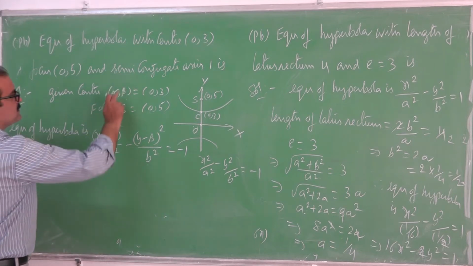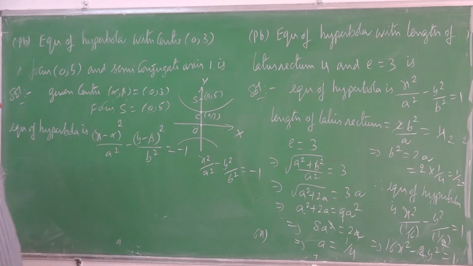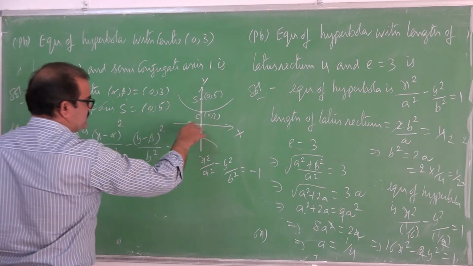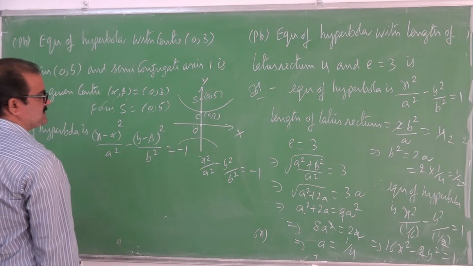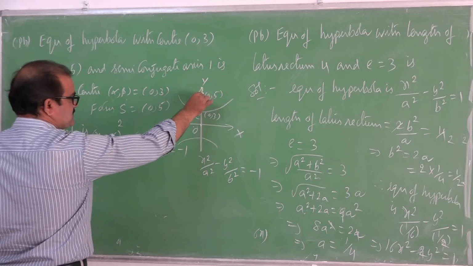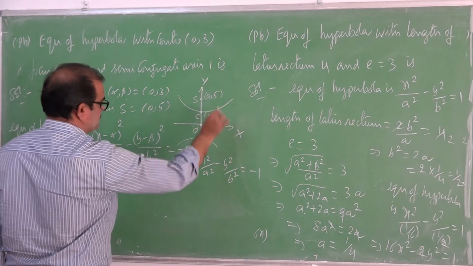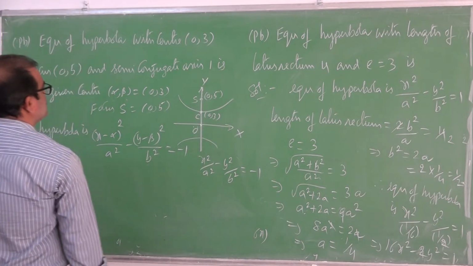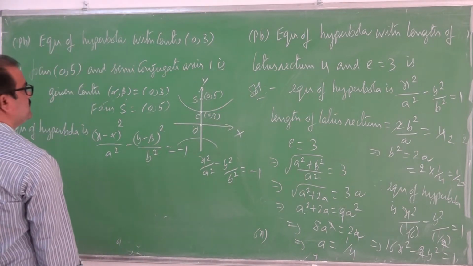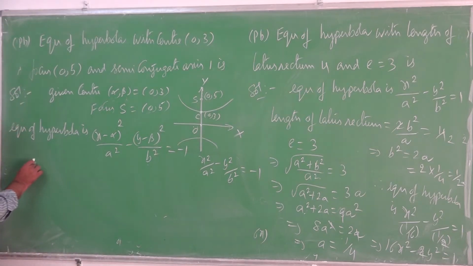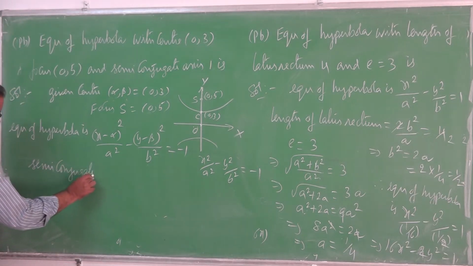What is given? Semi-conjugate axis. For this conjugate hyperbola, what is the transverse axis and what is the conjugate axis? Transverse axis is the y-axis, conjugate axis is the x-axis. What is the length of the conjugate axis? Here what is given? Semi-conjugate axis.